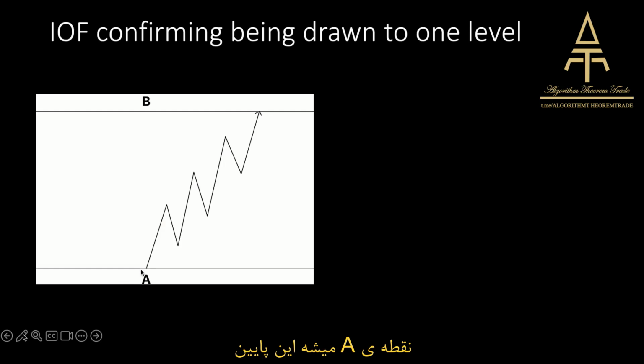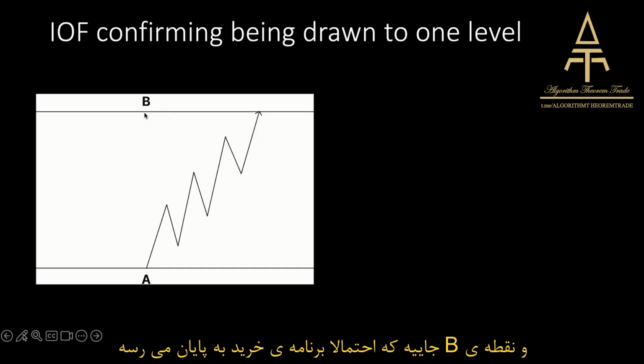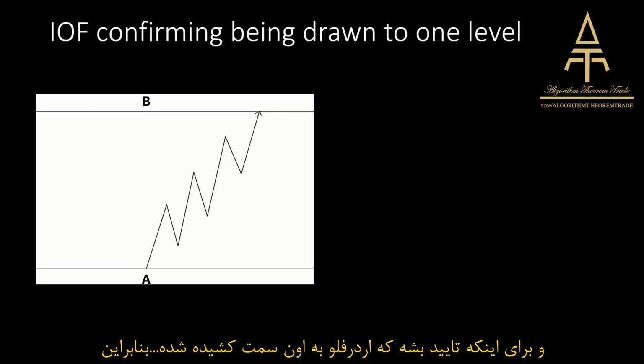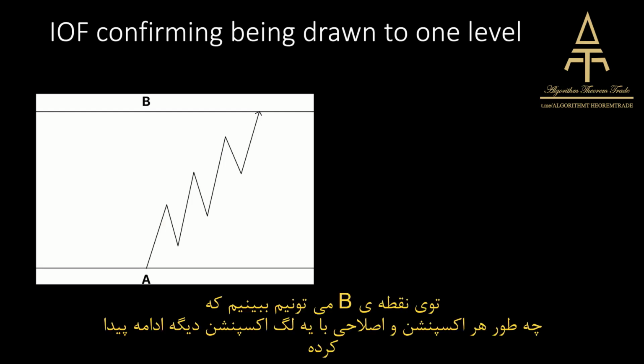Point A is down here. This is where the buy program began. And point B is where the buy program is likely to end. This is our draw on liquidity. And to confirm that the order flow is being drawn to that level at point B, we can take a look at how every single expansion retracement is followed by a new expansion leg.